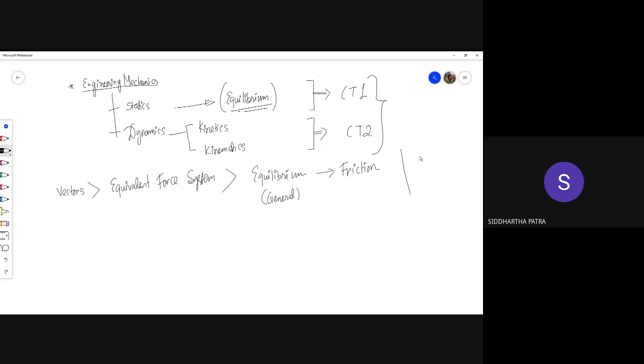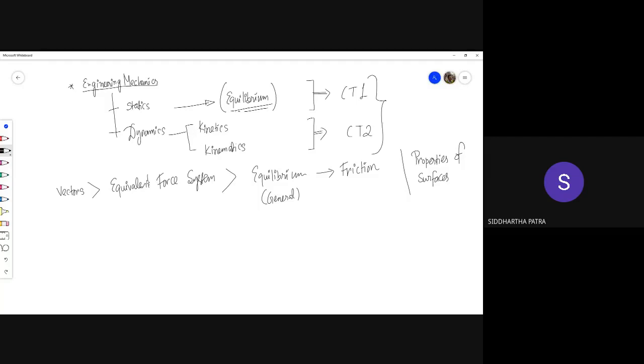And there is a separate topic which is properties of surface. Now, that is not directly related to any of the topics, either in statics or dynamics.